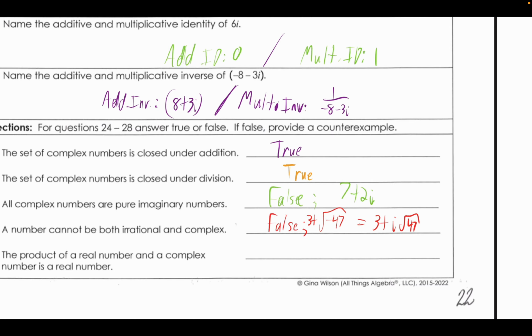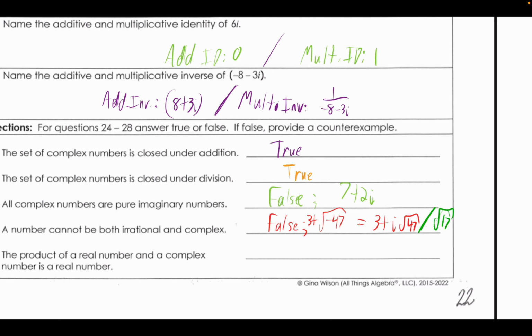So it's irrational because square root of 47 is irrational since it's a non-perfect square. It would never end or repeat. And i is imaginary, so that makes it the complex part. And also, actually, any irrational number is automatically complex anyway. So even if I were to just have, as a counterexample, the square root of 17, that is both irrational and complex.